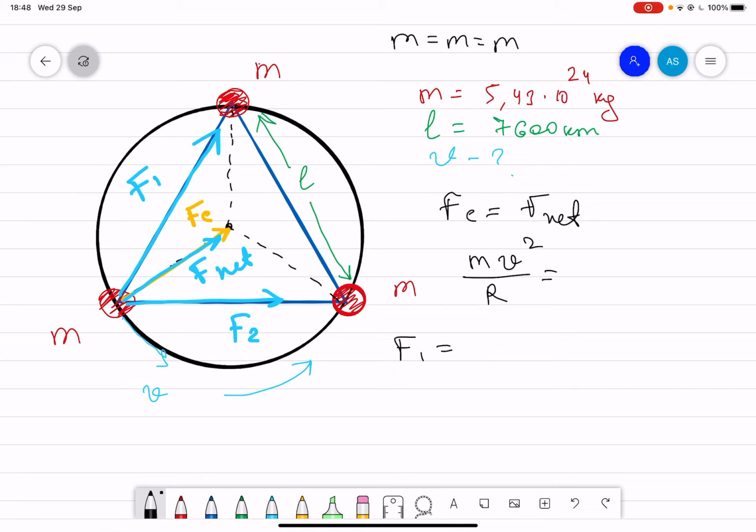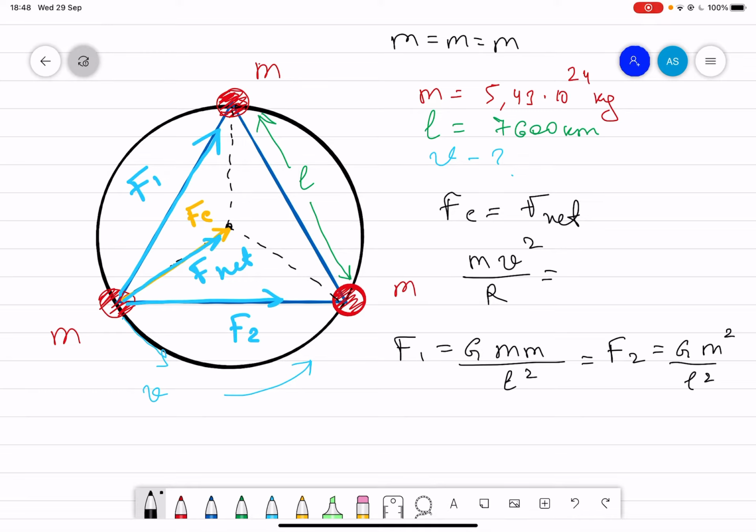That means F1 is equal to G M1 M2, so let's make it M M, divided by the length squared. This L is also given. So that is also equal to F2, which is equal to G M squared divided by L squared, since they are located at the same distance and have the same mass.